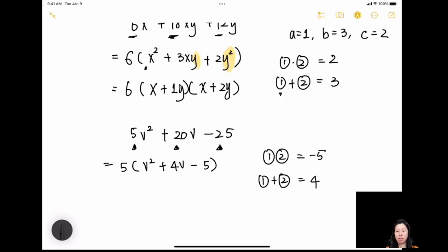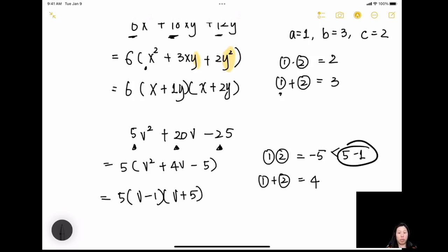And the sum of these two numbers is a positive number, which means the bigger number has to be positive and the smaller number negative. Well, you can only factor 5 as 5 times 1. But we talked about it, we want the smaller number to be the negative. So we have 5 times v minus 1 times v plus 5, because these are the two numbers. Okay, let me know if you have other questions.